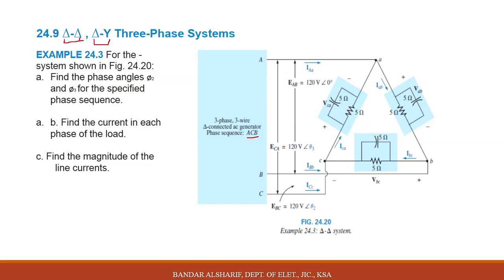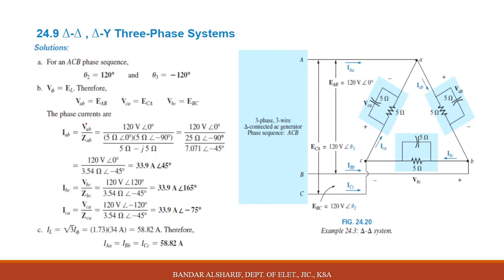We need to find the total impedance for each phase alone, and then divide the phase voltage, not the line voltage. Here in delta, line voltage equals phase voltage, but if it is Y, you need to be careful. Your calculation must be applied by phase value. Here you can see 120, it is the phase value. You will divide it by the Z here. You will get the phase current, as we see here: VAB divided by ZAB, which is 120 angle 0.